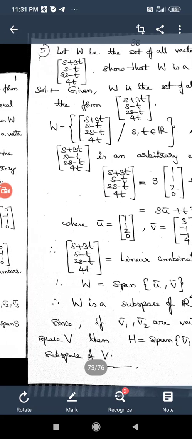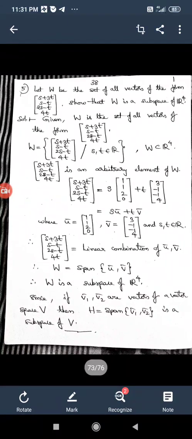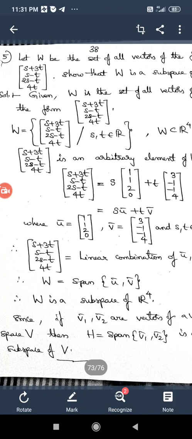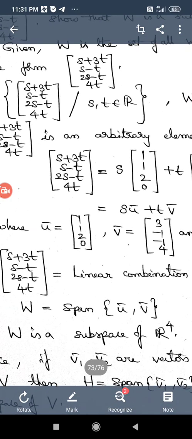So consider this arbitrary element and take s common and then t common, that means writing scalar multiples of s and t like this. We get s times (1, 1, 2, 0). This is obtained by seeing the s coefficients in the first, second, third, fourth entries of the column vector present in the left hand side.